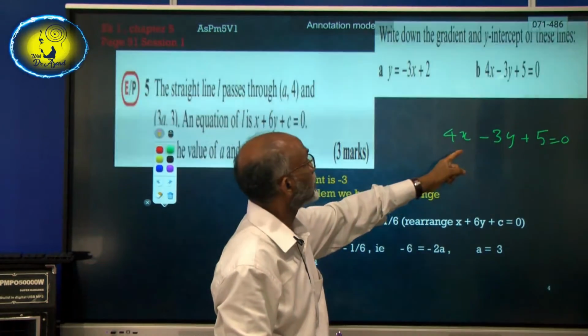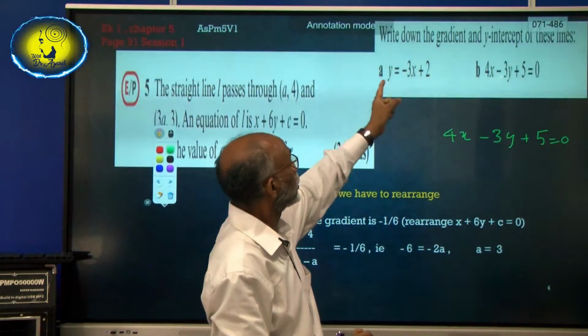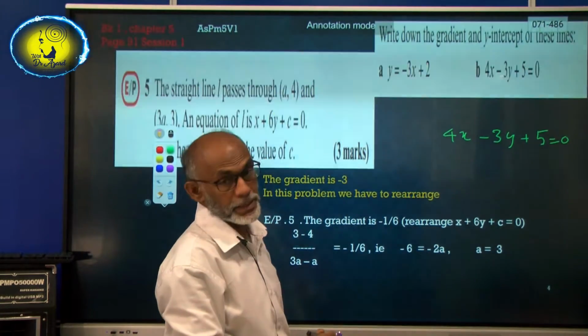We have to rearrange this format to y equal mx plus c.